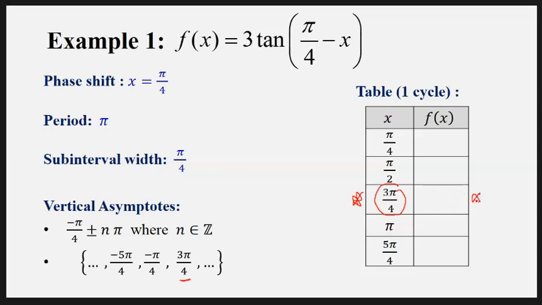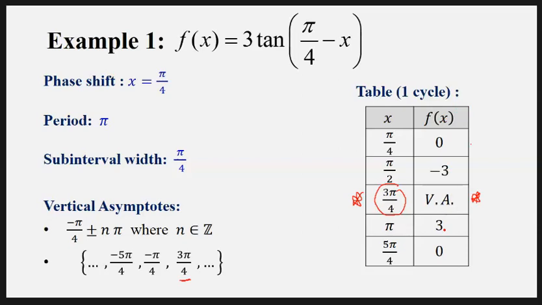Therefore, I want to make a remark here. This is where we have the vertical asymptote, and for the rest of the parts, we can calculate the answers accordingly. So we have 0, −3, the vertical asymptote, 3, and 0. This is what we have for our constructed table.